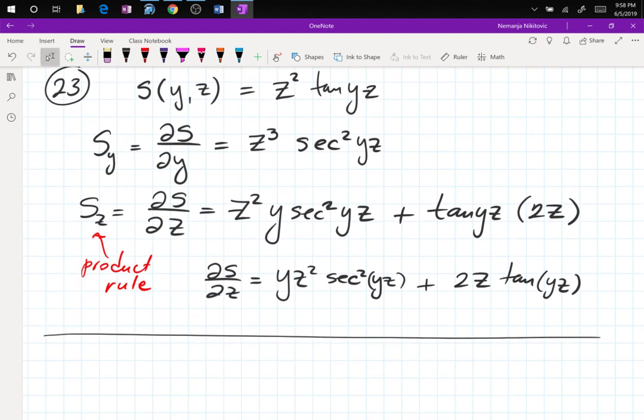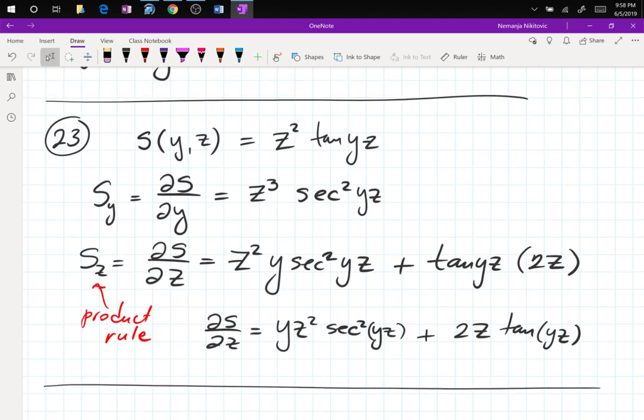The partial derivative with respect to y shouldn't it be z cubed y secant squared y? Partial derivative with respect to y means y is a variable and z is a constant, which means z is the one that gets kicked outside. I know you know this, I'll still write it.